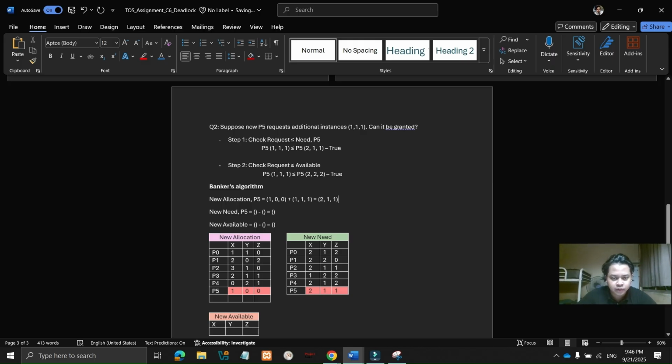Now the new need, we update the table. New need 2 1 1 and the request 1 1 1 and minus is 1 0 0. Update the table.